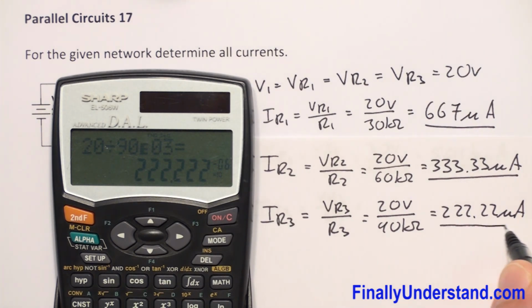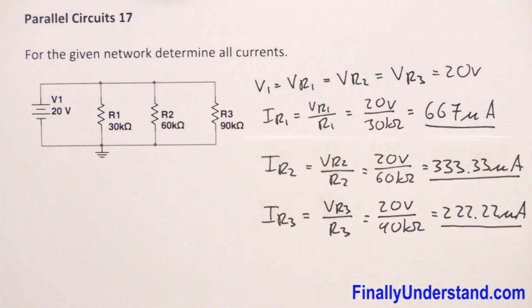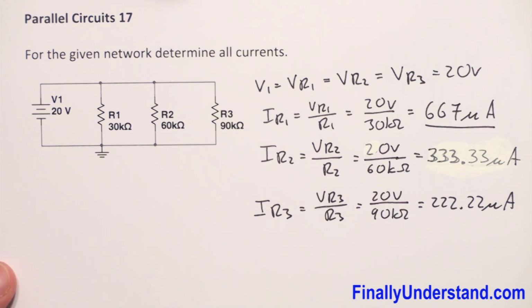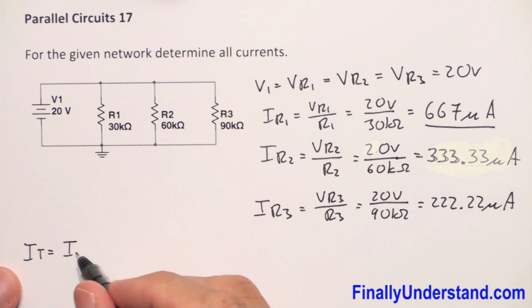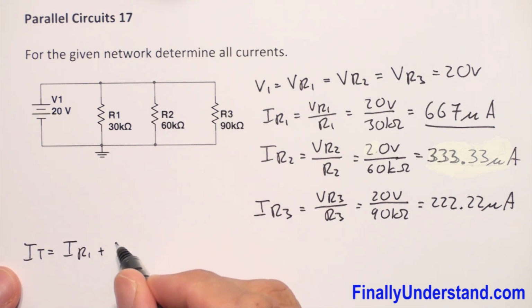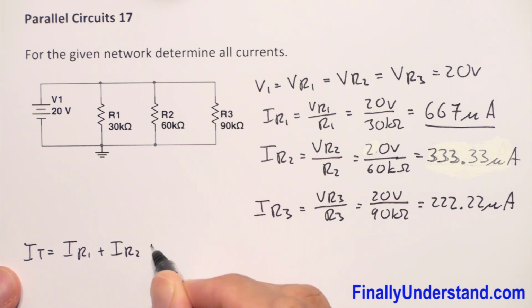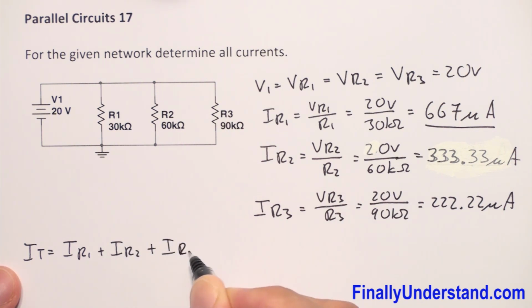So this is the current which will flow through the resistor R3. Now we can find I total. I'm going to find I total by using KCL, Kirchhoff's current law. So I total is equal to I R1 plus I R2 plus I R3.